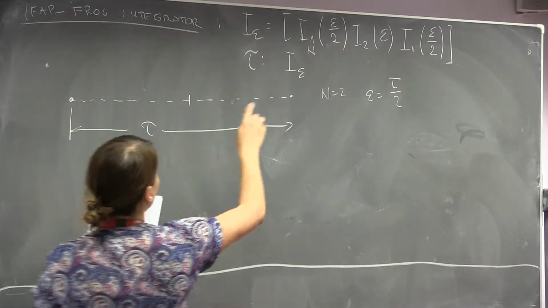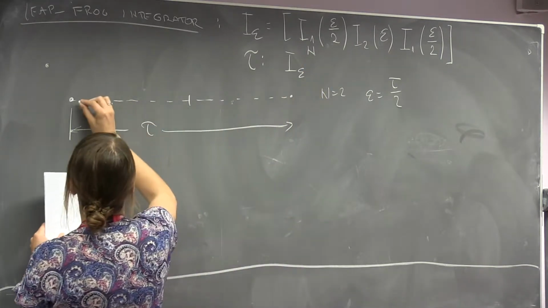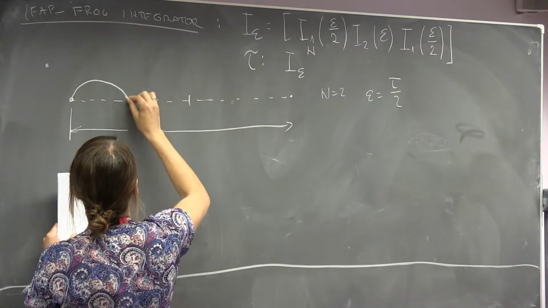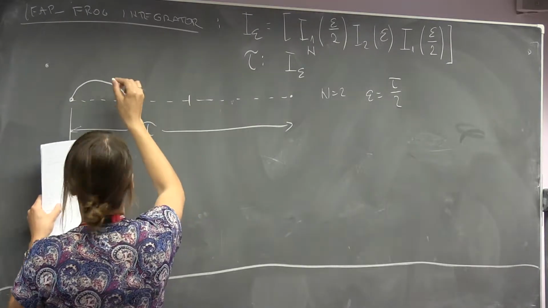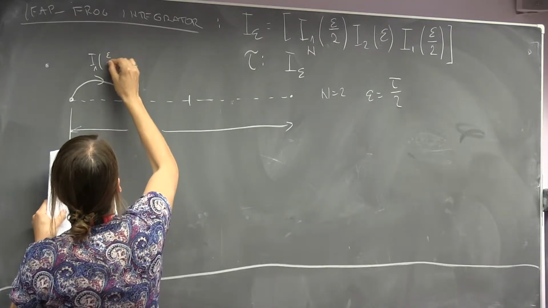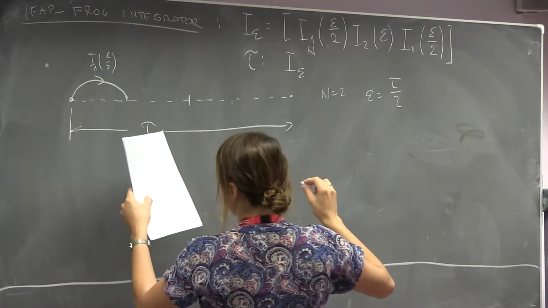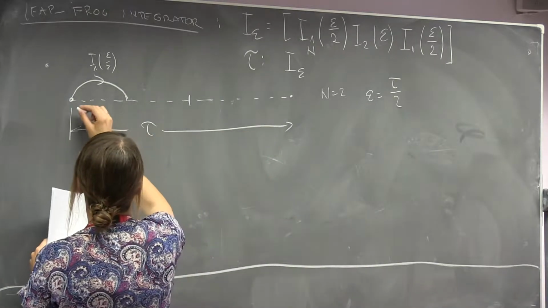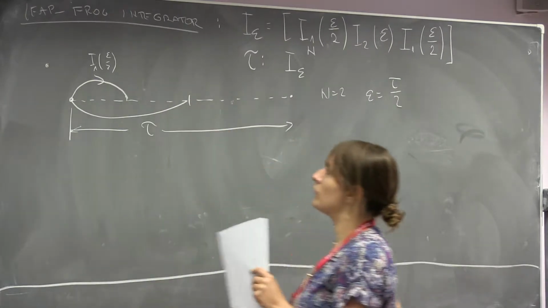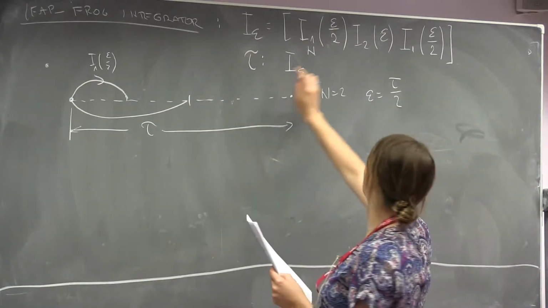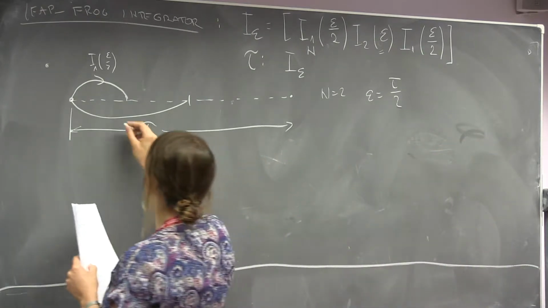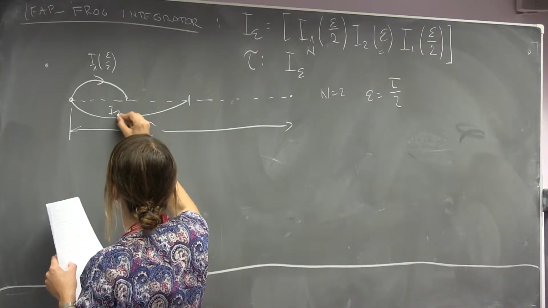But just for illustrational purposes, in the first step, we would have the field update, which would just bring us to epsilon half. Then in the next step, one would have to update the momenta all the way for a step of length epsilon. So this would be I2.